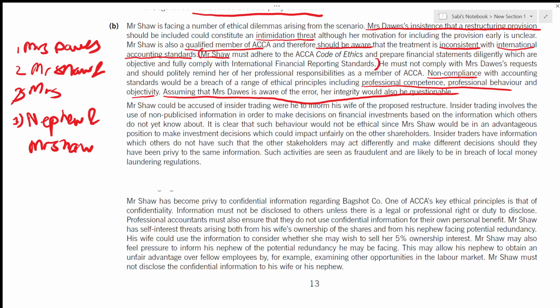But in this case, it is clear that it's not ethical if Mr. Shaw is to inform his wife, right? Some things are very clear cut. It's easy to say it's ethical or not. But in some scenarios, it's very difficult to say whether it's ethical or not. And there you need to use your professional judgment, your own judgment. What do you think, whether it's ethical or not.